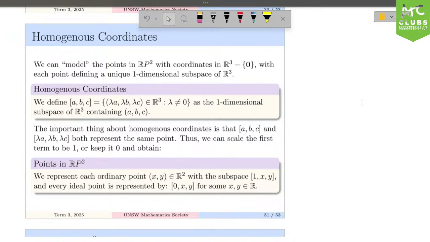You can see by the definition of a span that this works with the fact that we're defining scalar multiples to be equivalent, and this will turn out to be useful later once we define lines in RP2. And note that with this definition, we now no longer have any real distinction between ordinary points and ideal points, so we can treat them as the same things.